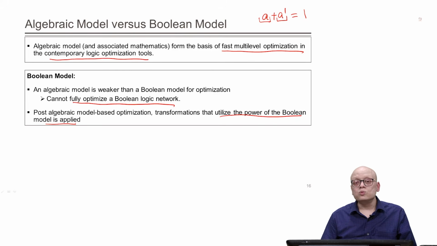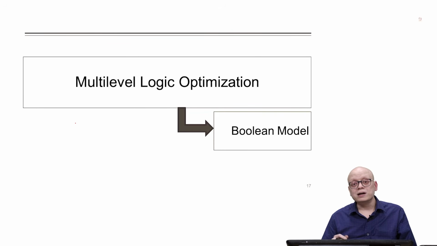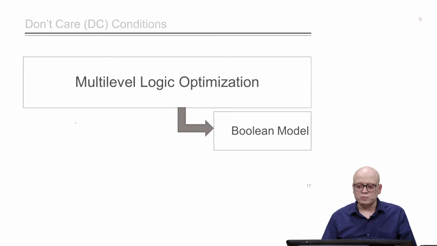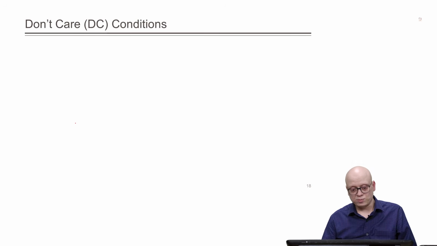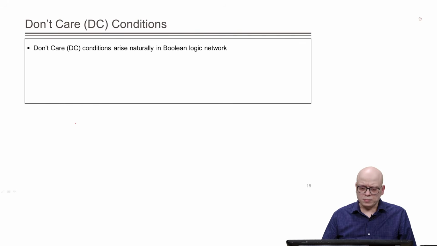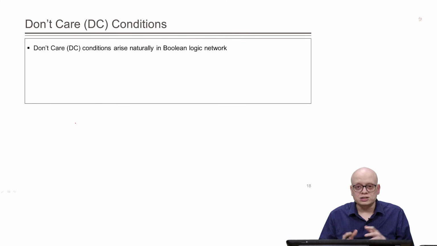So, let us look into what optimization can be done in the Boolean model which perhaps cannot be done in the algebraic model. One important aspect of a logic network is that there can be don't care conditions.